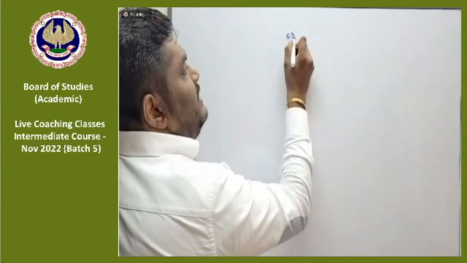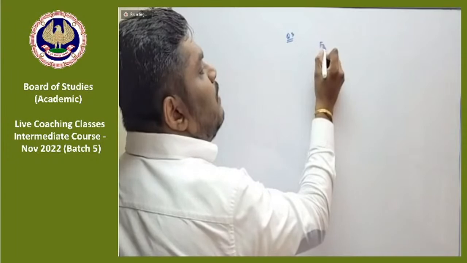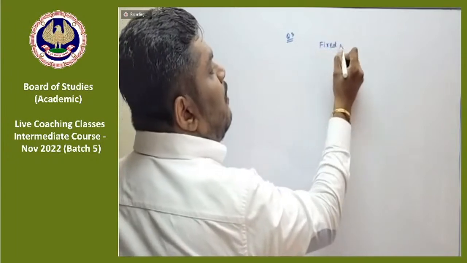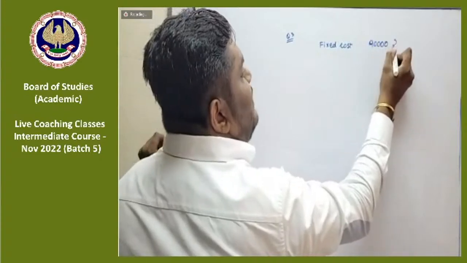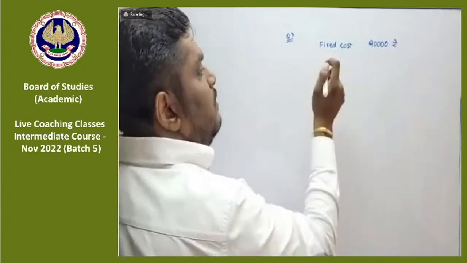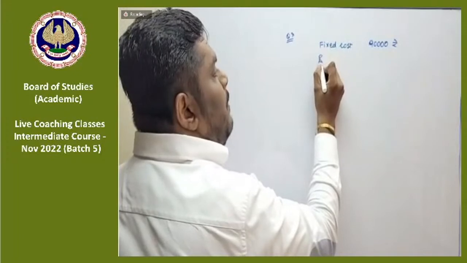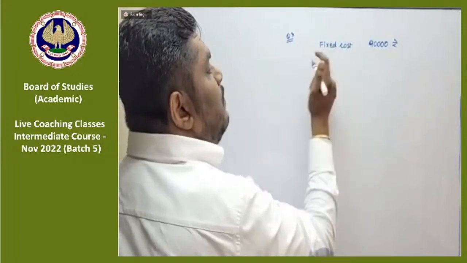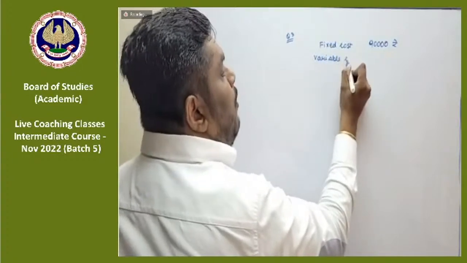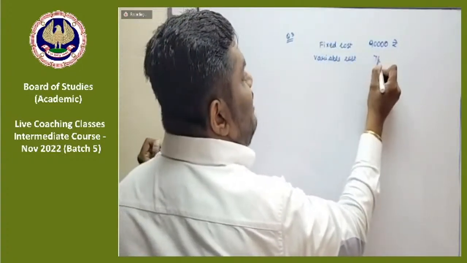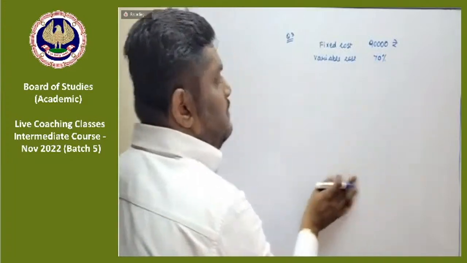Now the third question. My fixed cost is 90,000 rupees. My variable cost is 70% of sales.